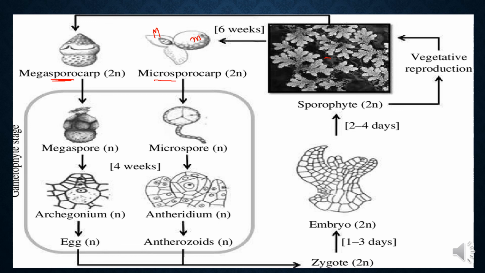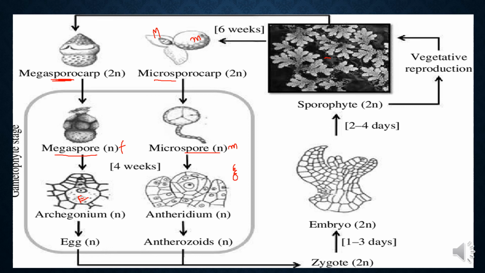So the megasporocarp contains the megaspore, and the reduction division occurs in the spore formation period. So there are the megaspore and the microspore. The microspore is the male spore, and this one is the female spore. Ultimately the spores germinate to produce the archegonium, where this one is the egg cell, and the antheridium produces the flagellated sperm.